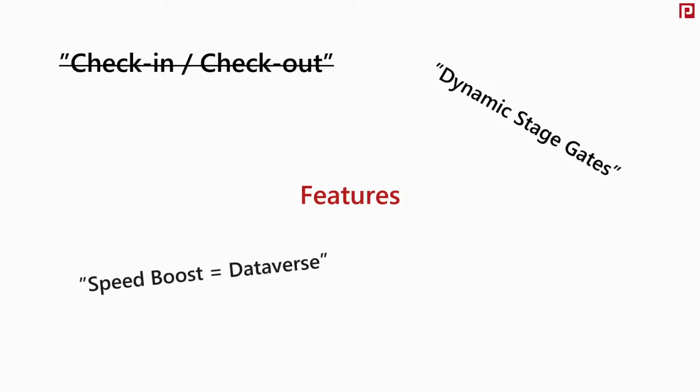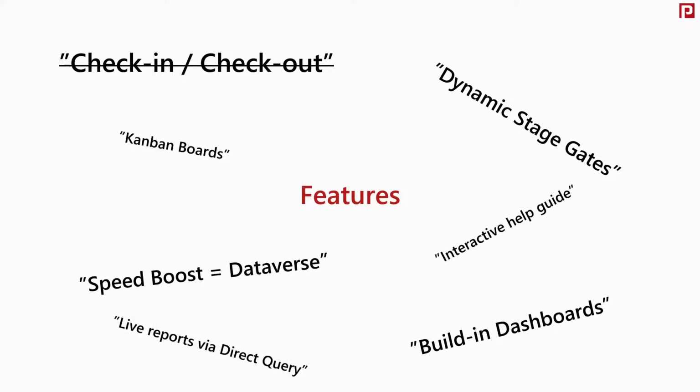So Project for the Web came out. It's Microsoft's new kit, built on the Power Platform. It's based on Dataverse as a platform, formerly known as Common Data Service, or CDS. And that is the new project offer from Microsoft. Just to tell you a bit about what's different: we don't have check-in, check-out in projects anymore.